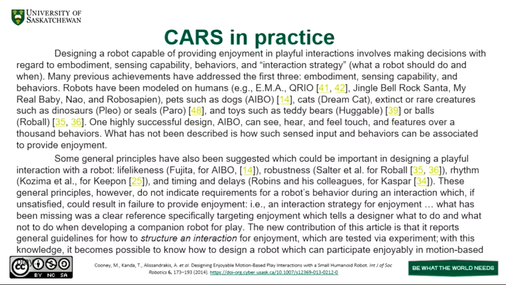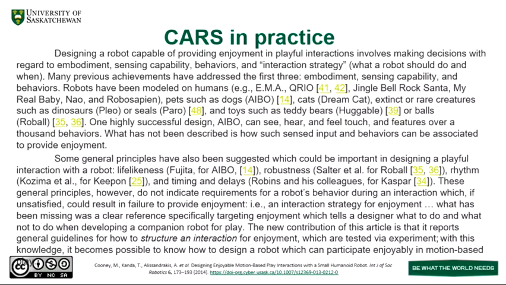Robots have been modeled on humans, for example, EMA, QRIO, Jingle Bell Rock Santa, My Real Baby, Now, and Robosapien. Pets such as dogs, AIBO, cats, Dreamcat, extinct or rare creatures such as dinosaurs, Pleo, or seals, Paro, and toys such as teddy bears, Huggable, or balls, Roball.